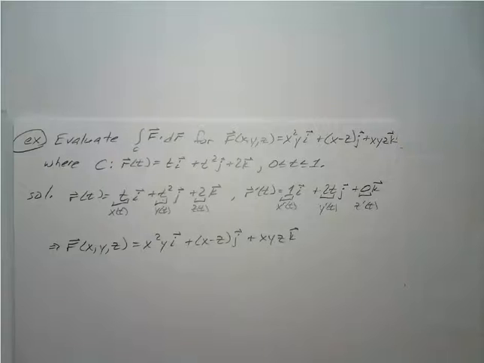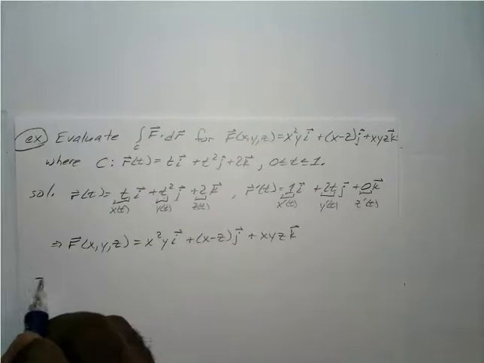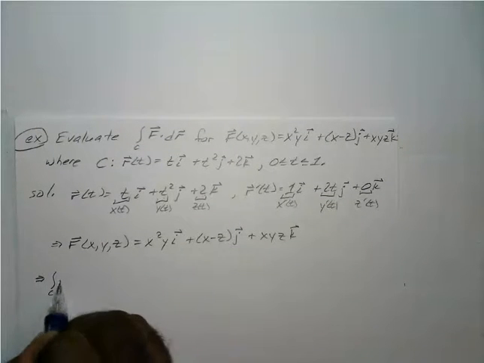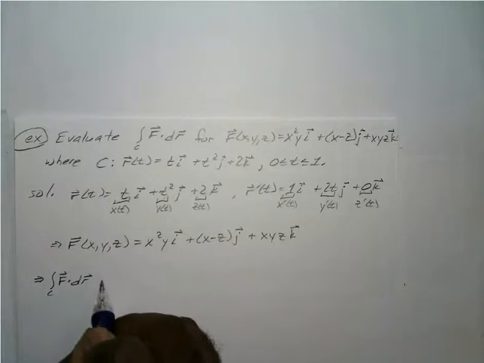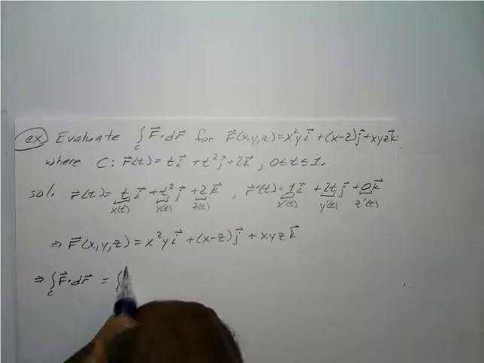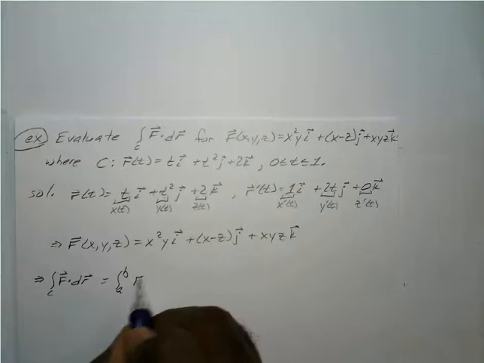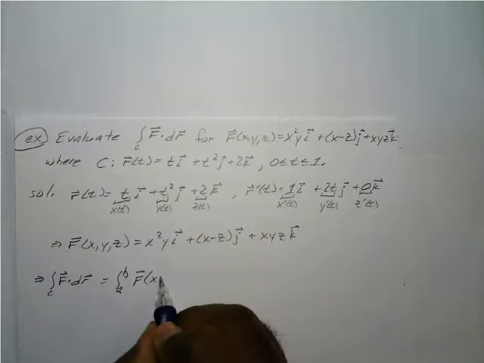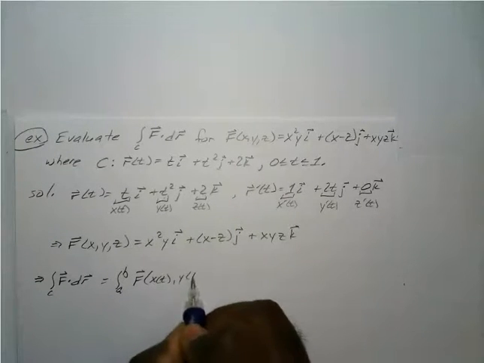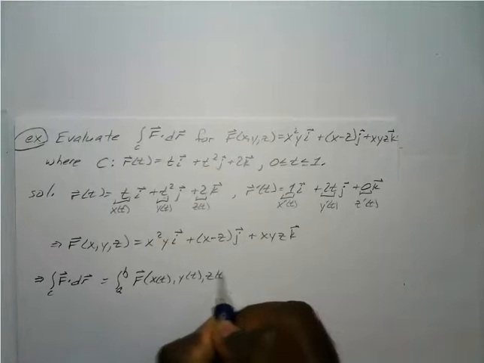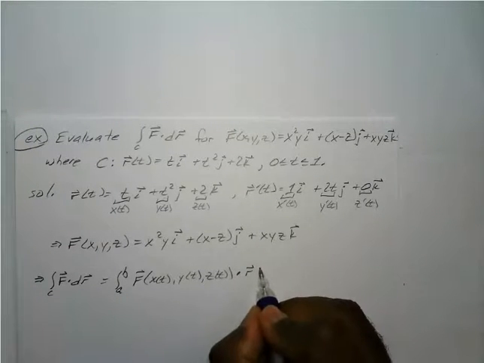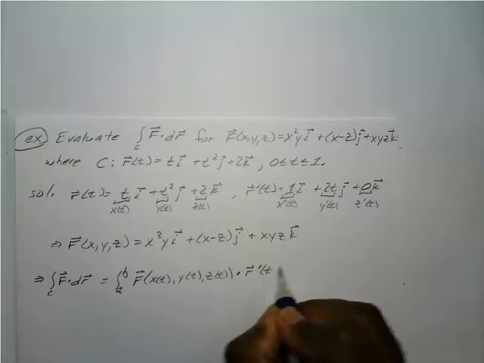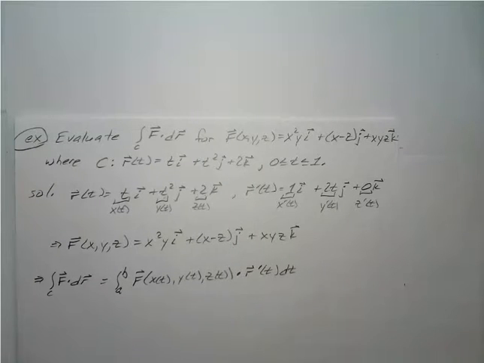So plugging in our formula, you remember that the integral of the dot product is equal to the integral from a to b of our vector field at x of t, y of t, z of t, dot product with the derivative of our vector valued function for our curve with respect to t.